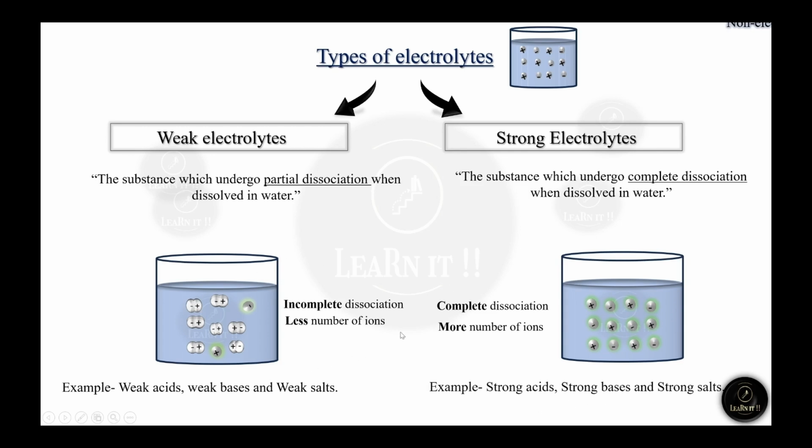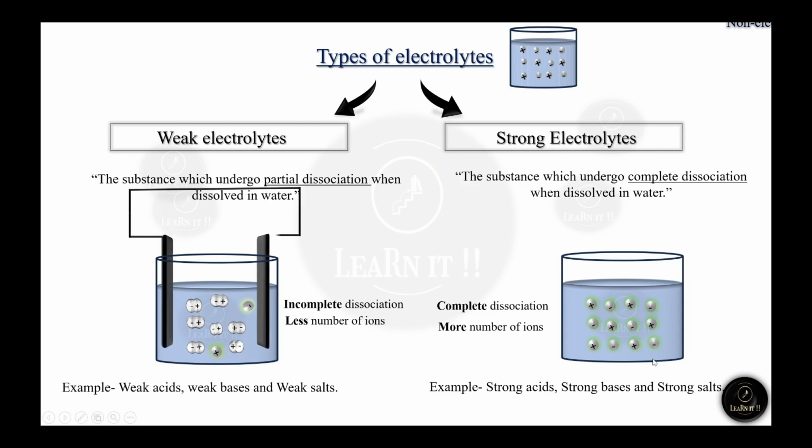So even if we take the exact same number of molecules and put them into water, in case of strong electrolytes, all the molecules are going to dissociate into ions. But in case of weak electrolytes, with the same number of molecules, very few molecules will convert into ions.